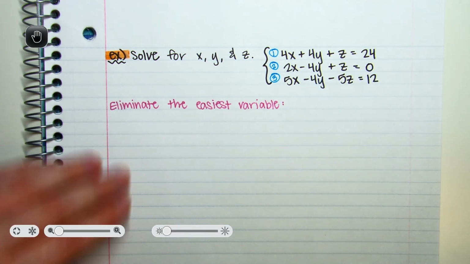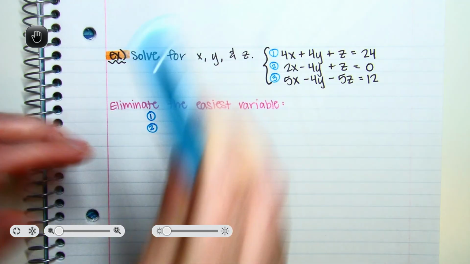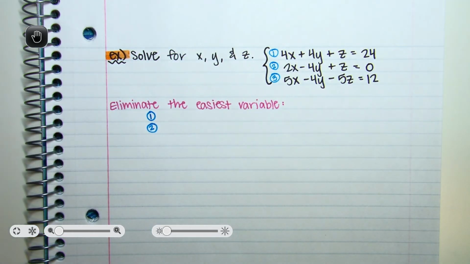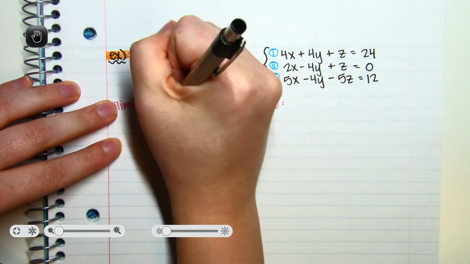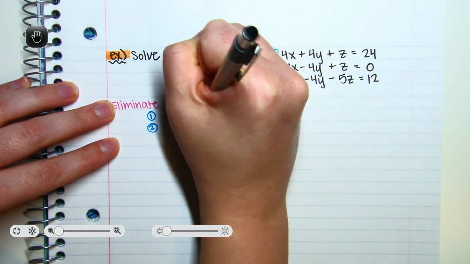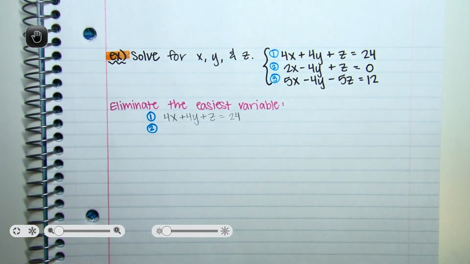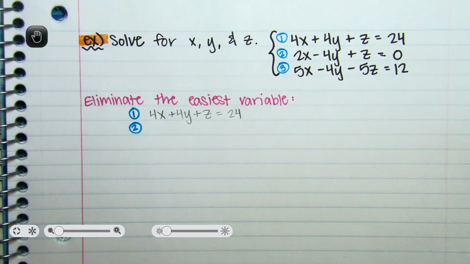So I'm going to use equation 1 and equation 2. Again, I'm just writing that to keep track of what equations I'm using where. So equation 1, I'm going to rewrite. Let me zoom this in a little bit.